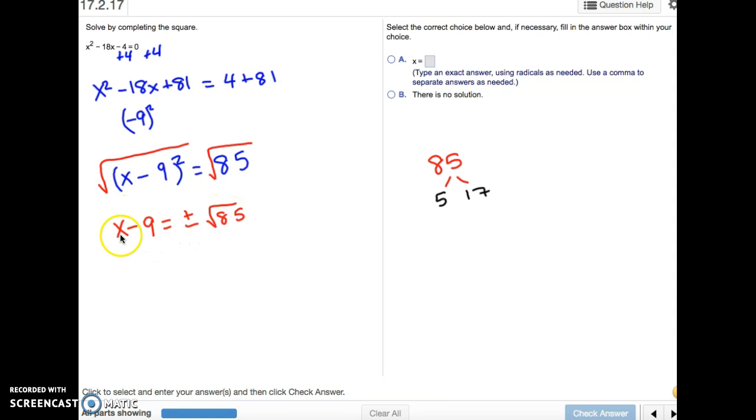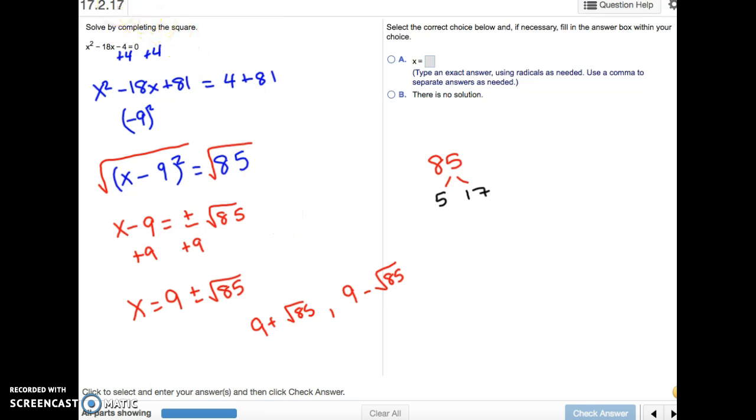I still need to get the x by itself, so the 9 is being subtracted, so I need to do the opposite and add 9 over. So the answer is 9 plus or minus the square root of 85, which I would enter as 9 plus radical 85, and then 9 minus radical 85.